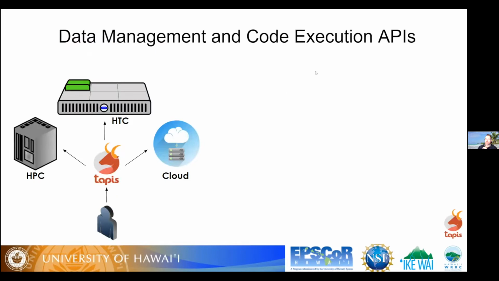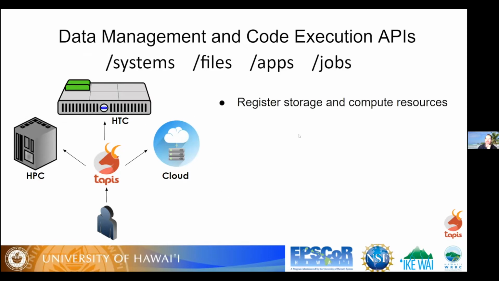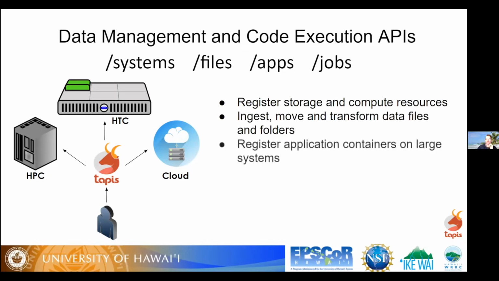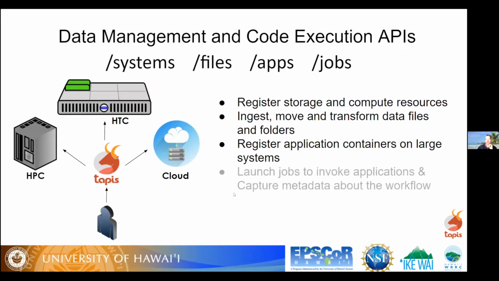Okay, digging in a little bit more to some of the stuff that Tapis does. As researchers, if you leverage Tapis, you make requests to the Tapis APIs, and then on your behalf, Tapis can talk to HPC systems, high throughput computing, and cloud systems to execute code, move data around, transform data, register applications, and launch all these sorts of things.